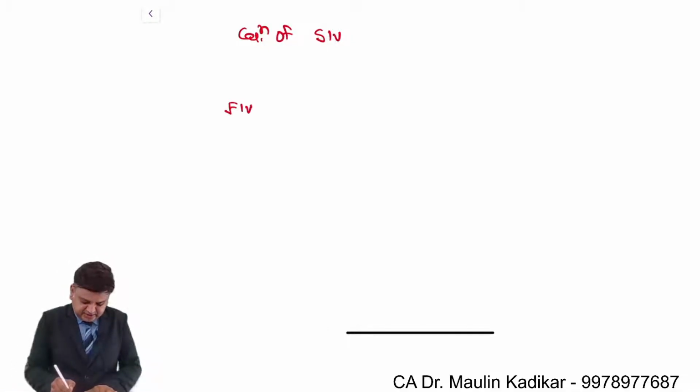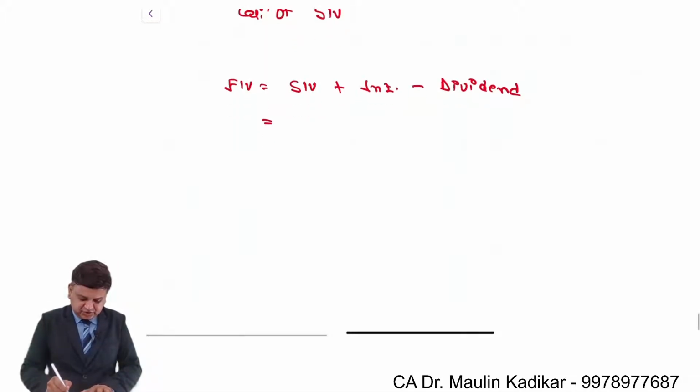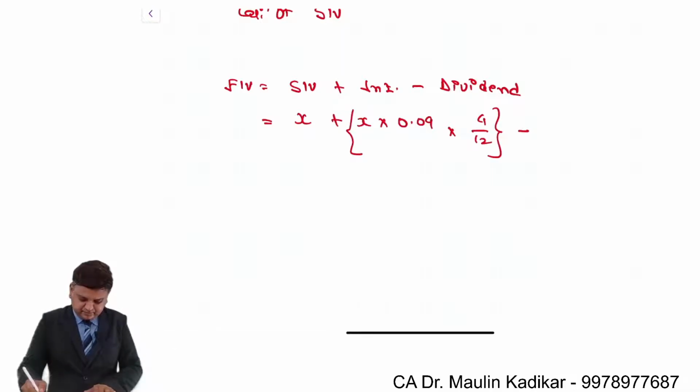So futures index value is equal to spot index value plus interest minus dividend. So this is x plus x into 9% into 4 divided by 12, minus x into 6% into 4 divided by 12.